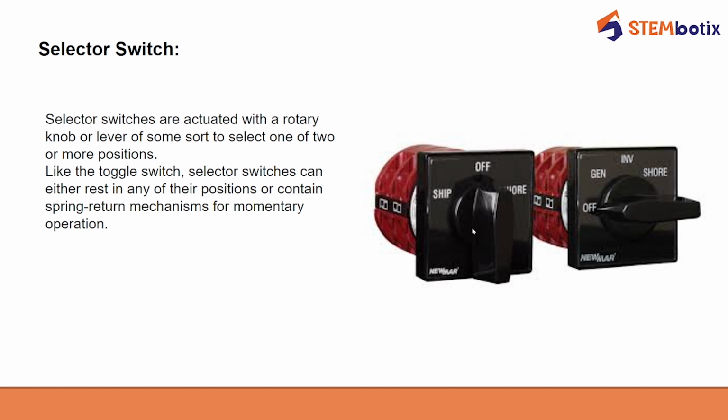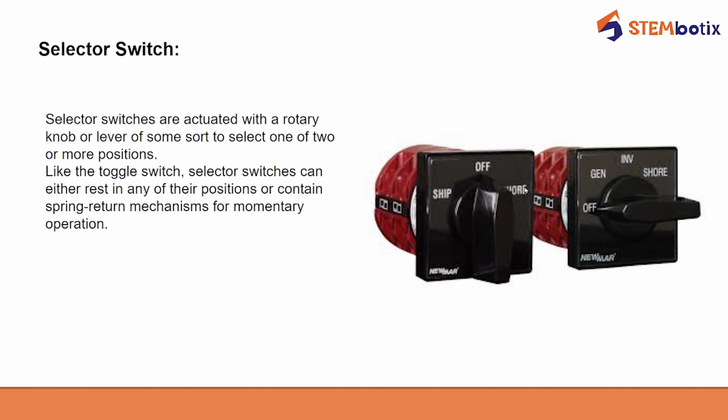If you want to select any of these three, you just need to turn it. If you want to go here, then just turn it over here. If you want to select the ship area, then you will have to move it in this direction. So it can select one from many different positions.